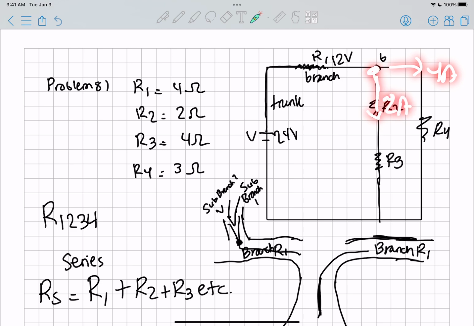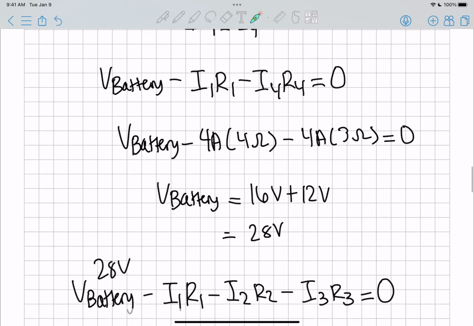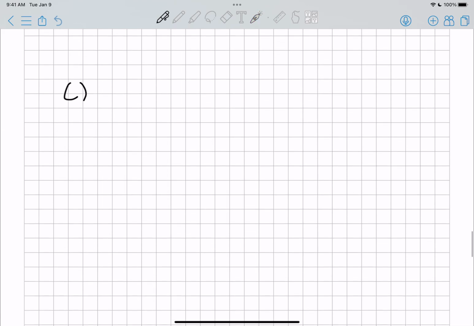They have to reunite at the end, and this would be your total current at this output point, which is 4 plus 2 amps. So I total is 2 amps plus 4 amps, that's 6 amps total.